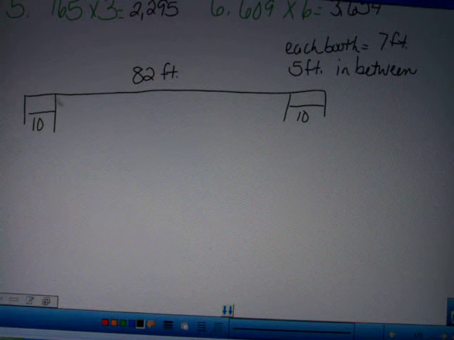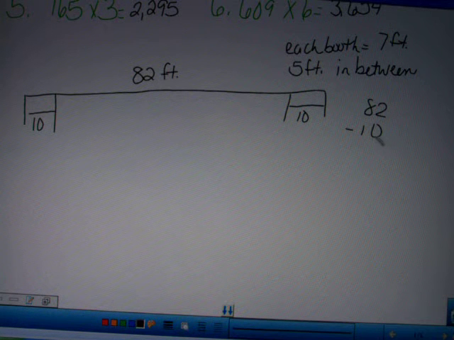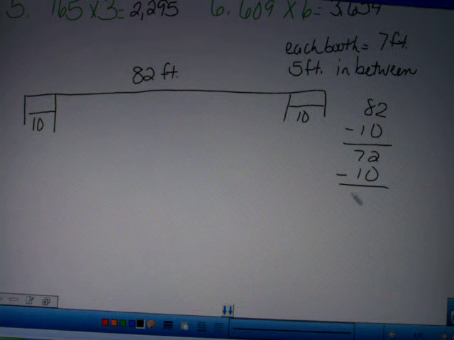So when we go through and figure this, we have to figure out how many booths we can put in the middle. So right now, I know I have 82 feet altogether, and I need 10 feet on each side of the booth. So really, this gives me 72, and then we're going to take away another 10. I really have 62 feet to work with.